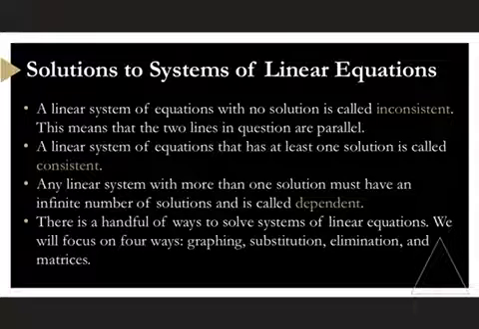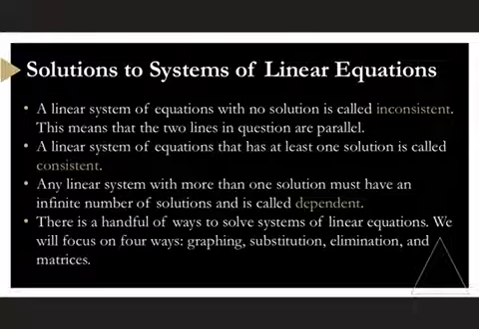Okay? Any linear system with more than one solution must have an infinite number of solutions and is called dependent. And what we mean by more than one solution, it means that we accidentally got the same equation twice. So we took one equation, maybe multiplied it by 5, and then wrote it down again.